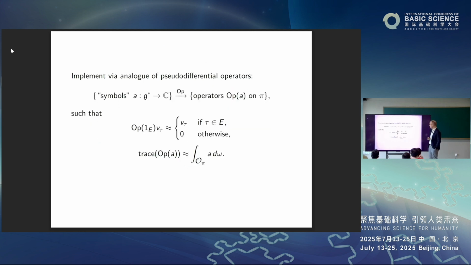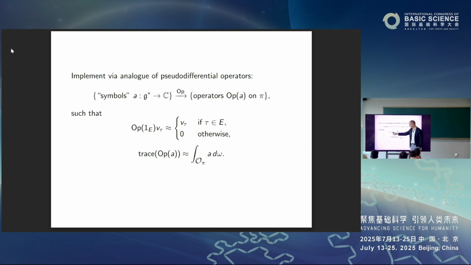So yeah, a bit more precisely, just like in the classical theory, we can implement this heuristic using something like the theory of pseudodifferential operators, where we take a function, now defined if you like on the entire coadjoint representation, and we attach to such functions operators on our given representation.